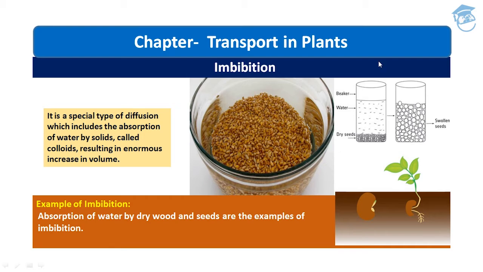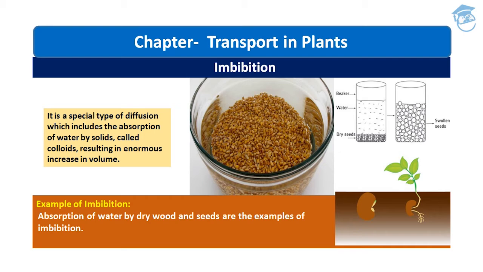See, this is the beaker wherein water is there, and you put dry seeds, and after some time you see the seeds have become swollen, and that's because of imbibition. Root and shoot emerge from the germinating seed. Please note that imbibition is also diffusion, since water movement is along a concentration gradient.